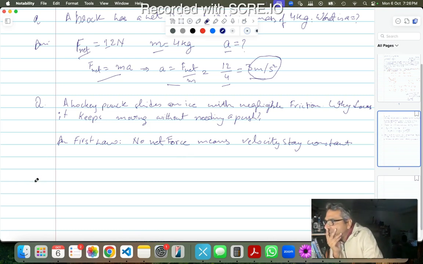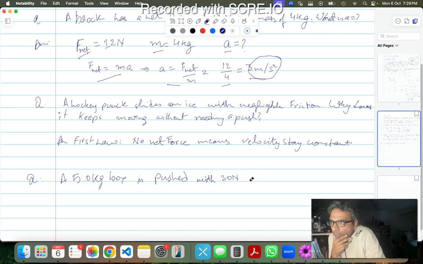Now, the next question, let's see how it goes. A 5 kg box is pushed with 30 Newton forward.